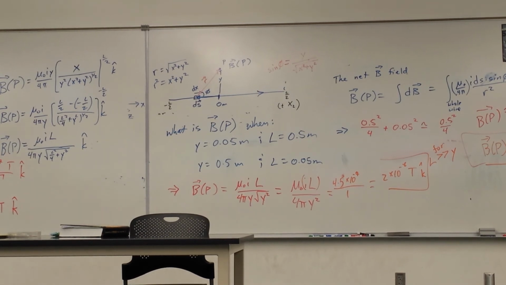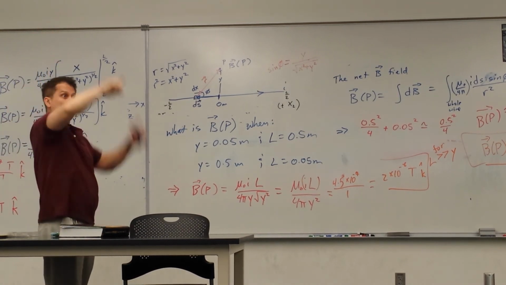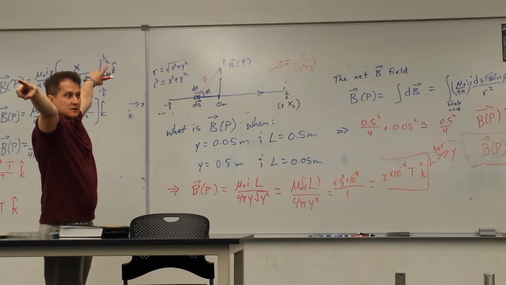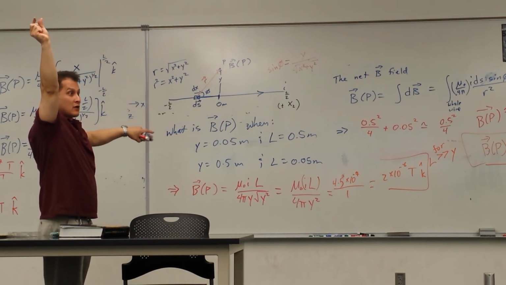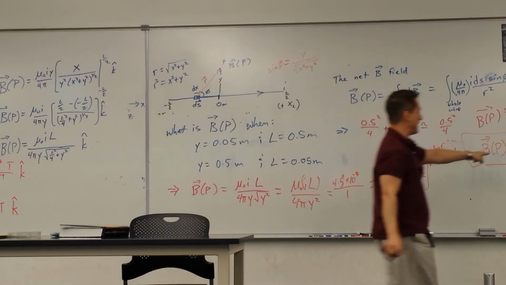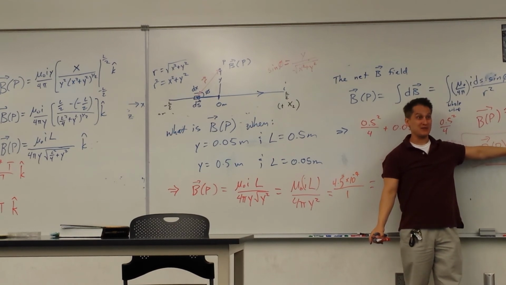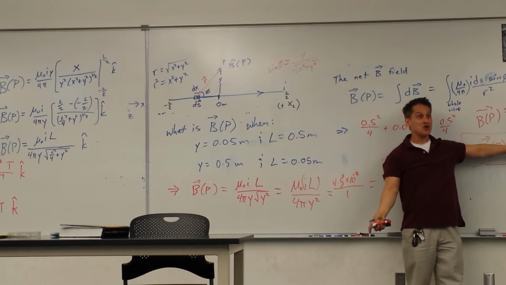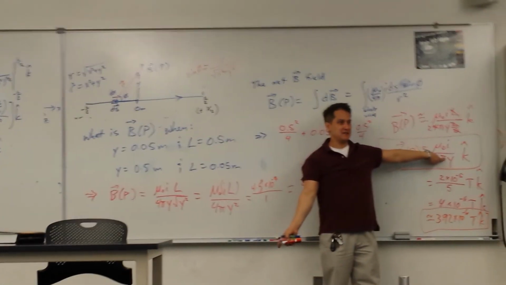On the other hand, if I'm really, really close, it starts looking like a wire whose length completely dominates that calculation for the most part. Which forces the L out of the calculation altogether, and it's inversely related to y. It's like a line of charge. Okay, so this is completely analogous with this model.